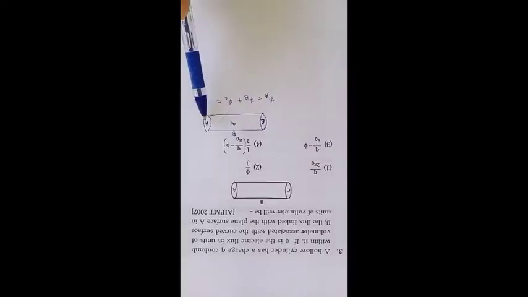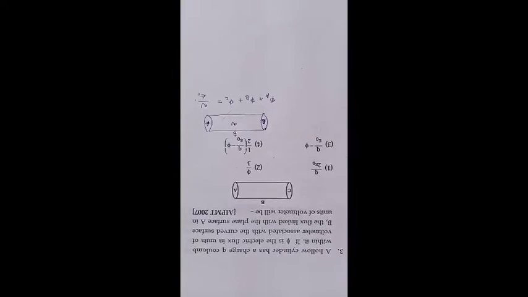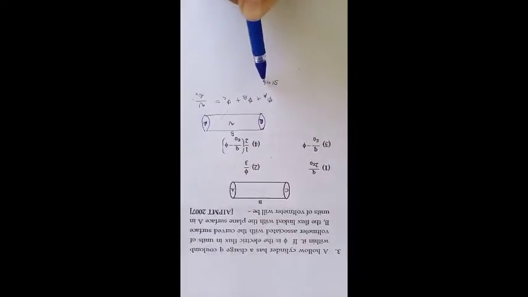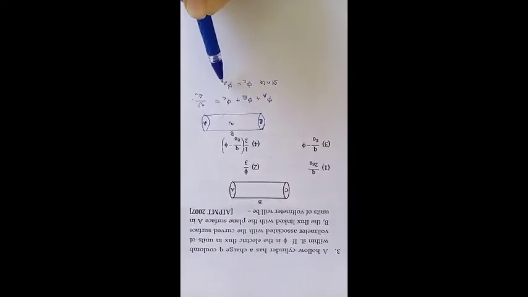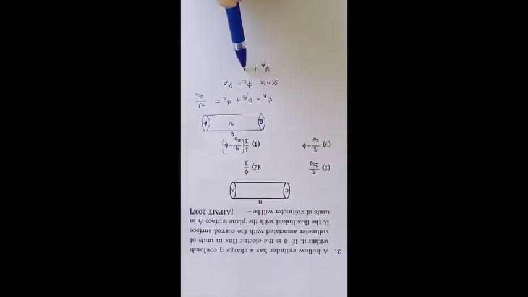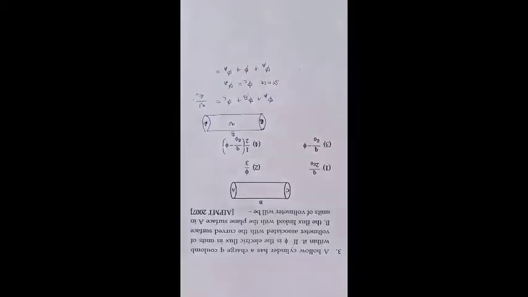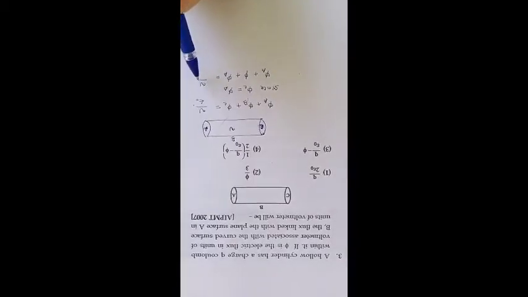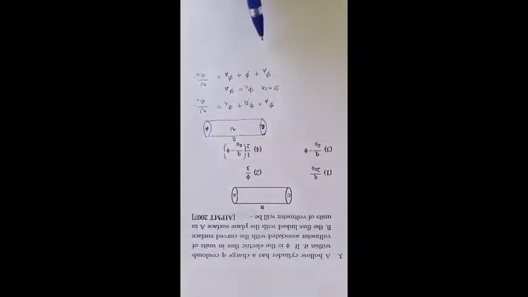Here these two surfaces are similar, A and C, so they will have the same flux, since phi C is equal to phi A. So phi 1 plus phi A plus phi A is equal to Q by epsilon naught.